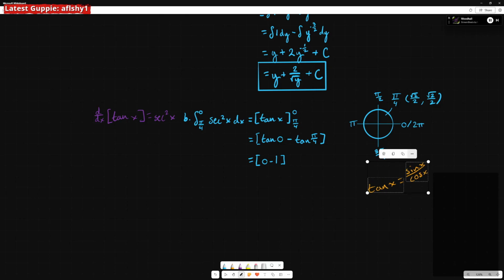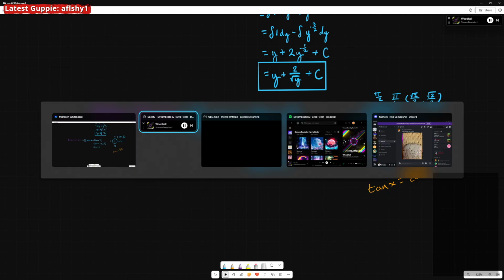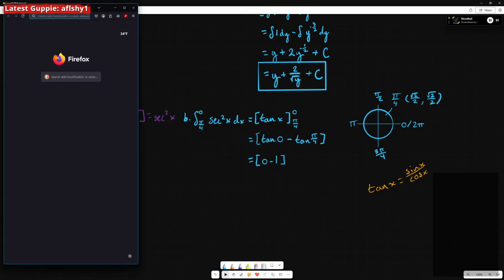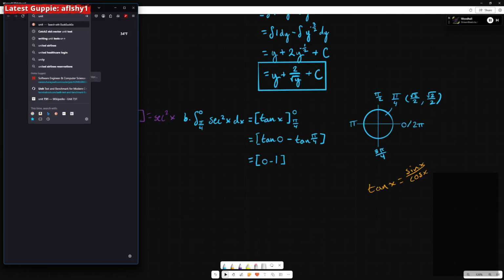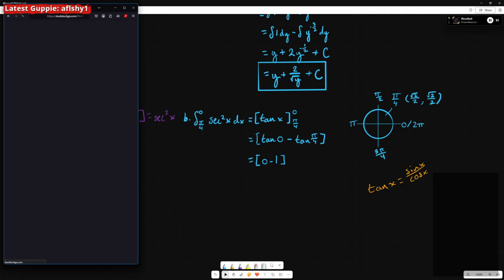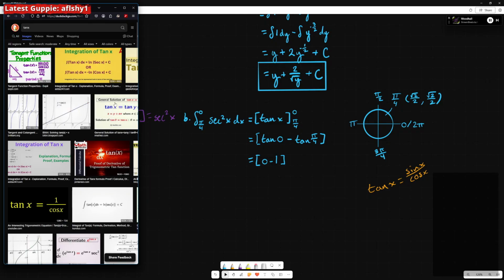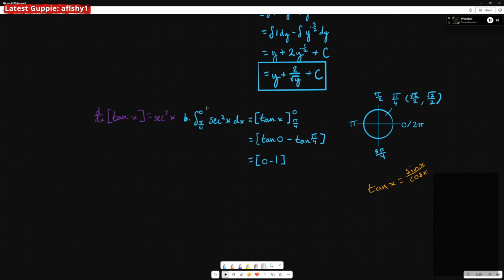Anyway, I can rotate this. No. Okay. I want to double check that, make sure I'm not insane. Tangent of x. That's not what I needed. Sine over cosine. Yep, because it's opposite over adjacent. Which means it is -1.